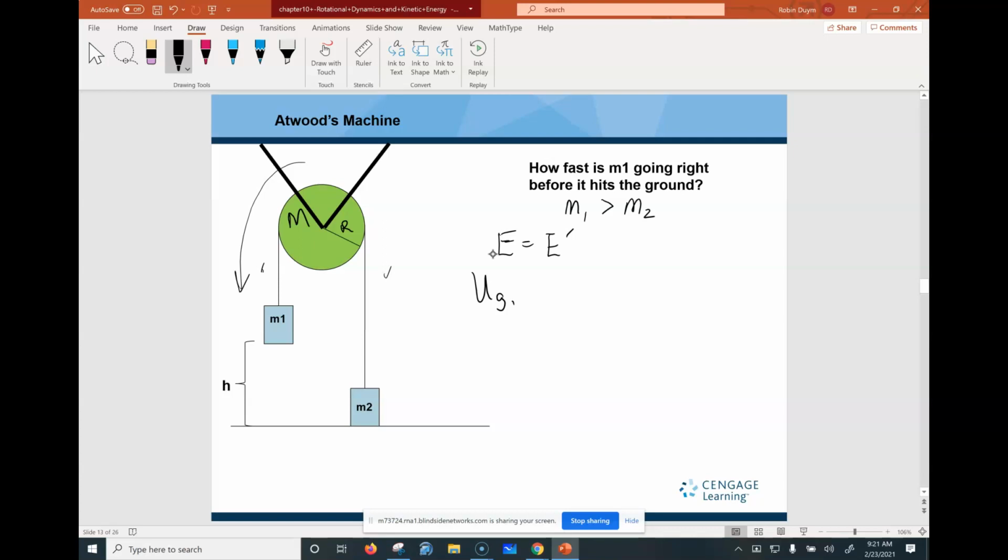Afterwards, let's think of all of the kinetic energies, all of the potential energies, everything that we have going on. Once M1 goes down and M2 is now high up, what are we going to have? Let's start brainstorming. It's right before it hits the ground. Go ahead, Emma.